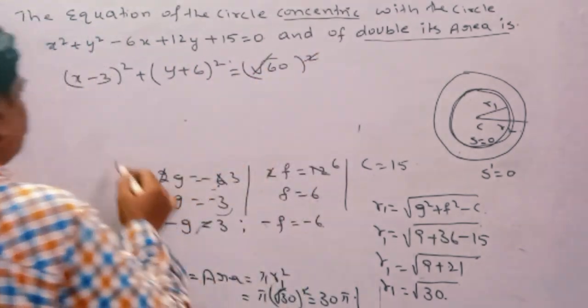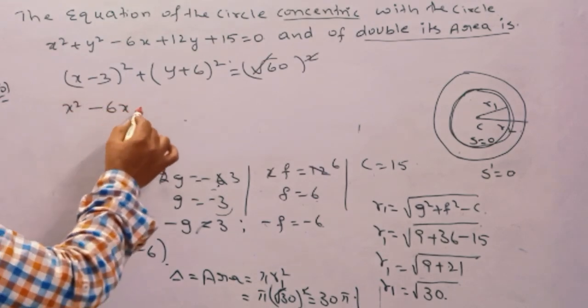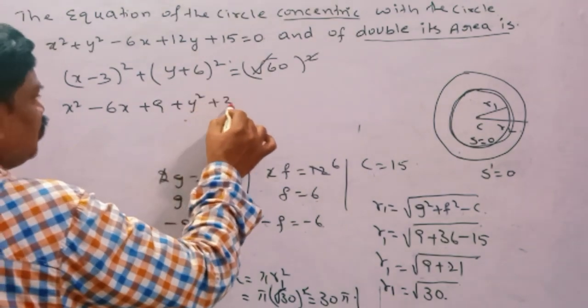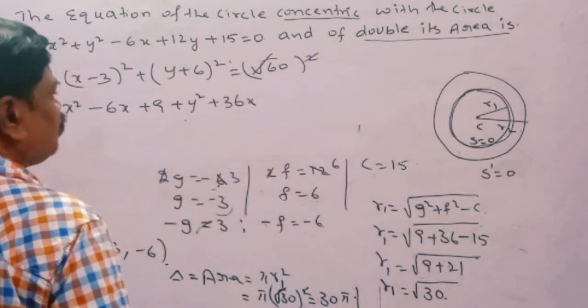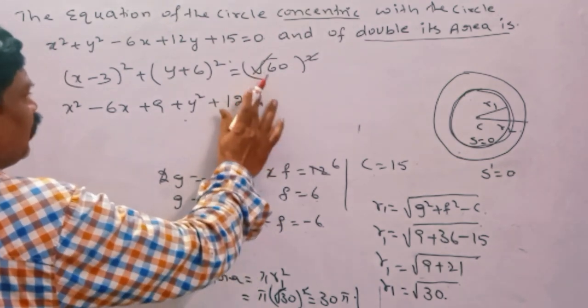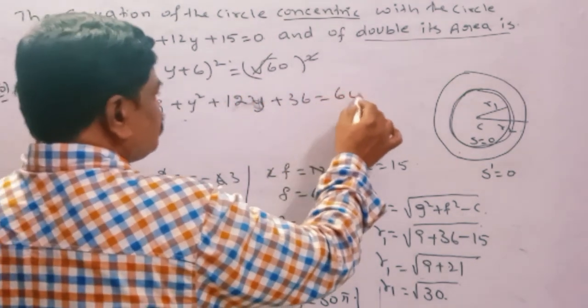Square and root cancel out. This is x square minus 6x plus 9 plus y square plus 12y plus 36 is equal to 60.